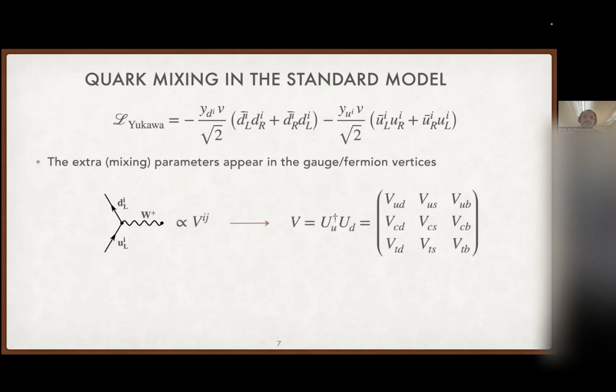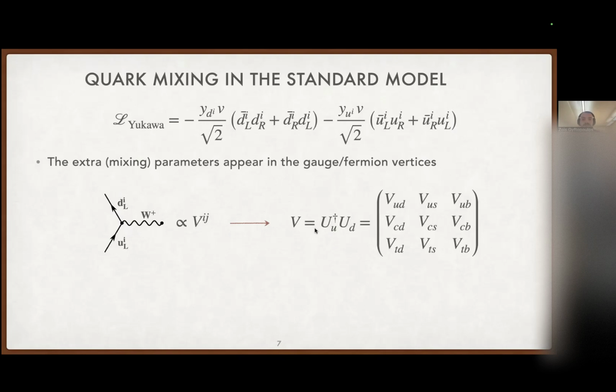But where are the rest of the parameters of the Yukawa matrices? These are coming from the kinetic terms and the gauge fermion vertices. So if you calculate a vertex like this one, you will see that it is proportional to a matrix element, which is given by this definition here, which involves this unitary transformation from one basis to another.